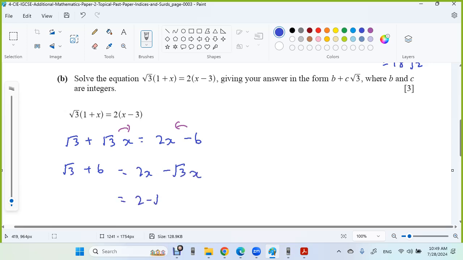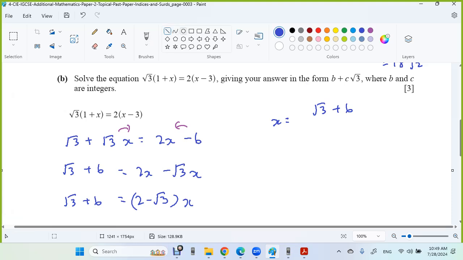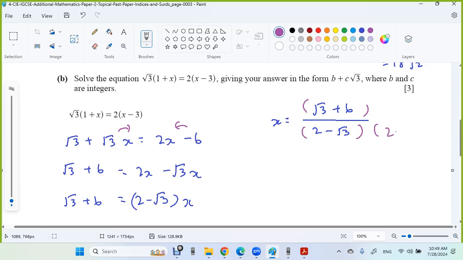So 2 minus square root 3 x is the square root 3 plus 6. So the x will be the square root 3 plus 6 divided by 2 minus square root 3. So we multiply with the conjugate of the denominator to rationalize the denominator.